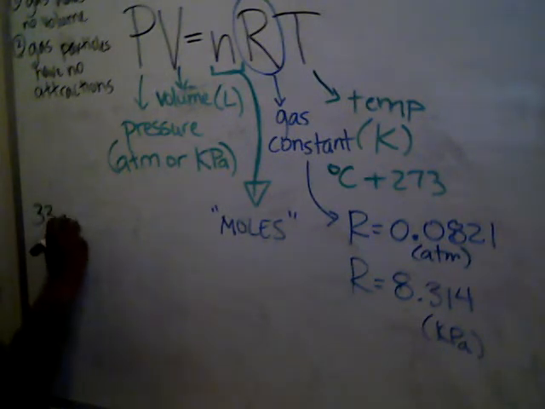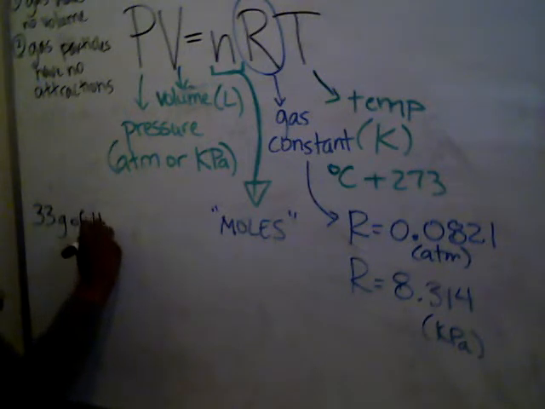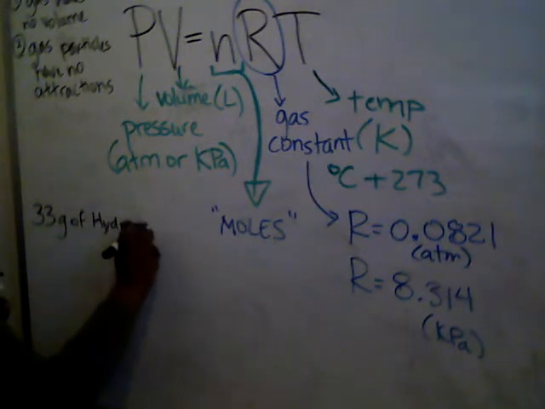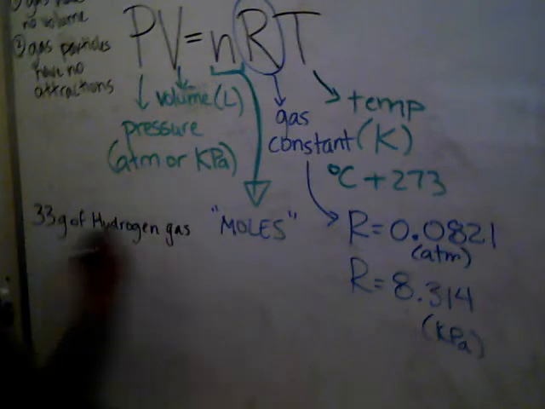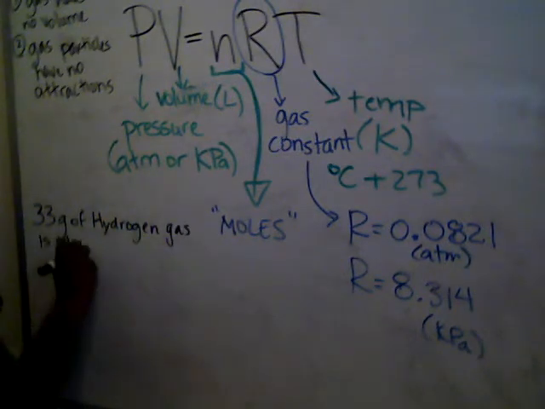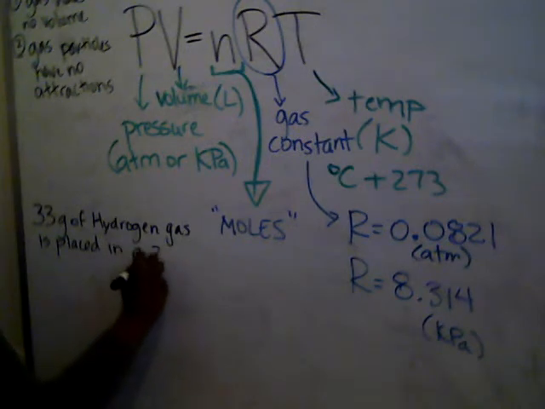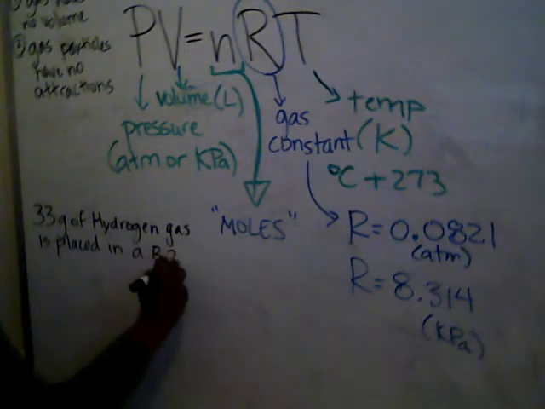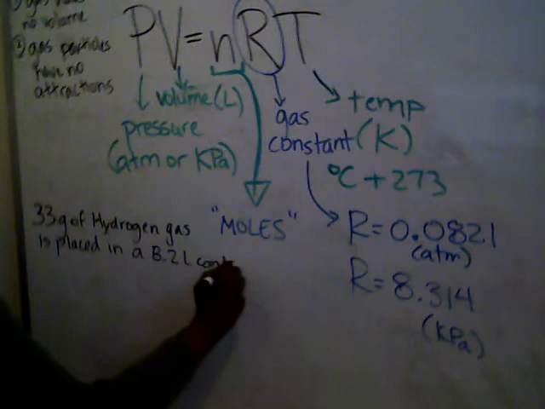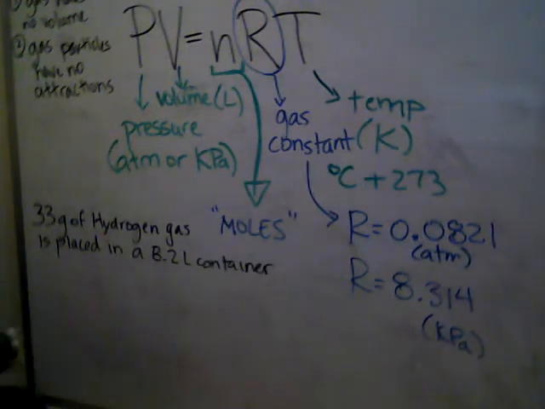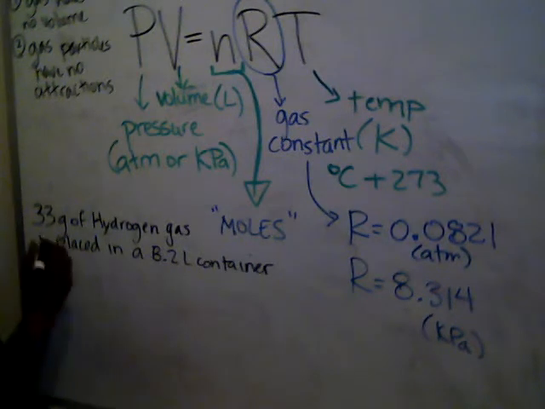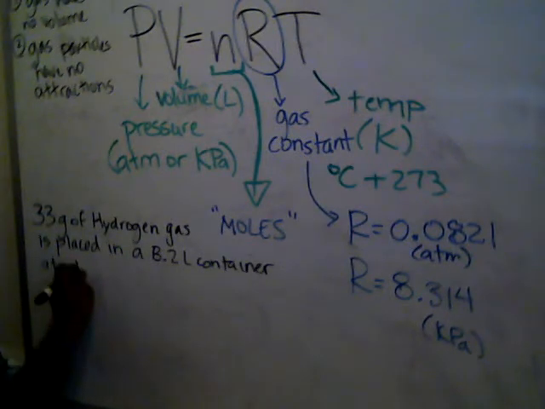33 grams of hydrogen gas is placed in a 8.2 liter container at standard temperature.